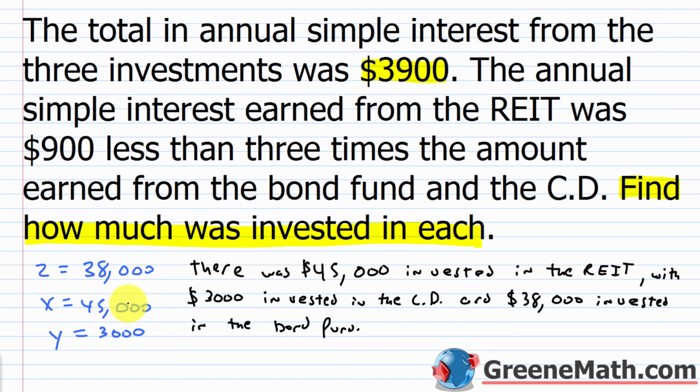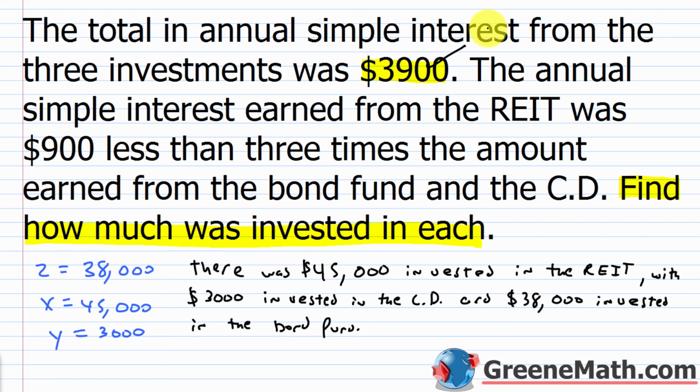That's $2,700 in interest. In the CD, it's $3,000 at 2%, so that's $60. And then if you take the bond fund, that's $38,000 at 3%, that's $1,140. So if you add $2,700 plus 60, you would get $2,760 plus $1,140. You do in fact get $3,900, so it checks out here as well.